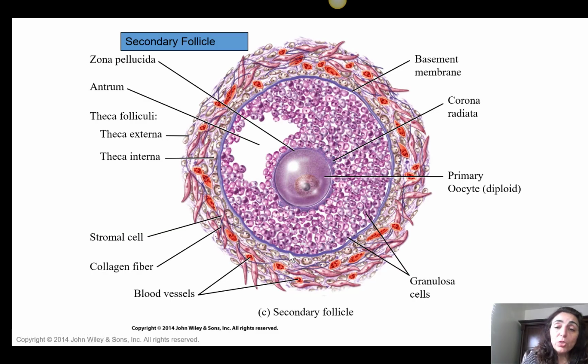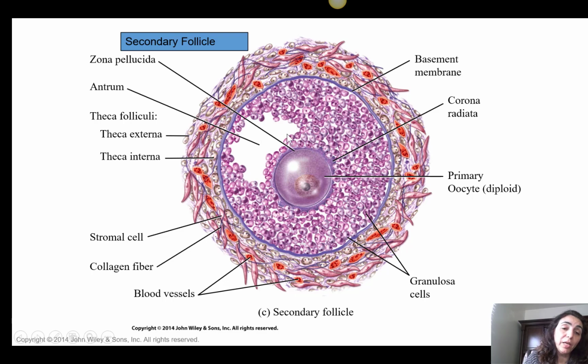So here you see the oocyte. We have the primary oocyte still, which is diploid, because it hasn't finished the first meiosis, right? Then you see granulosa cells, and as the layers are increasing, a cavity is produced by the fluids that come from all these cells.